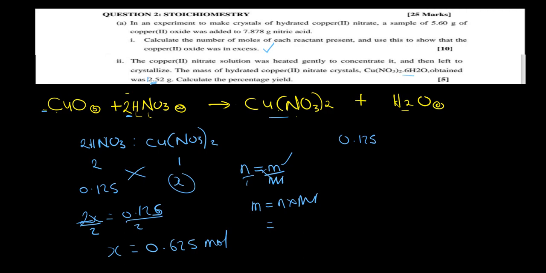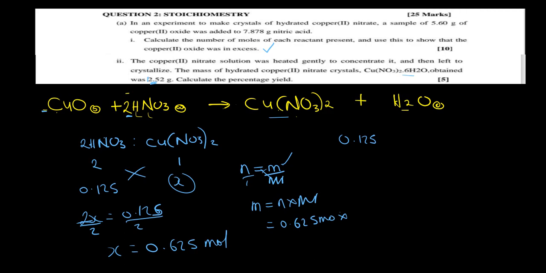So we have the number of moles for copper nitrate, that is 0.625 moles, times the molar mass. What is the molar mass of copper nitrate?